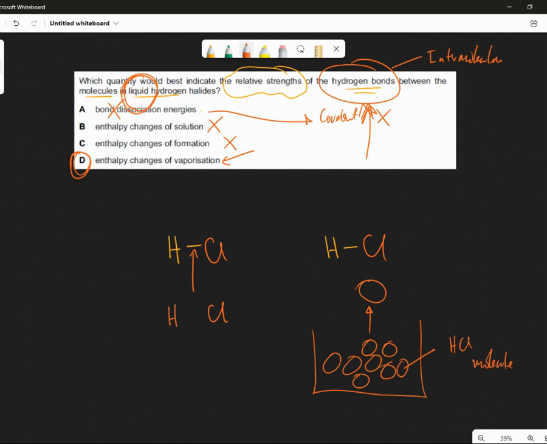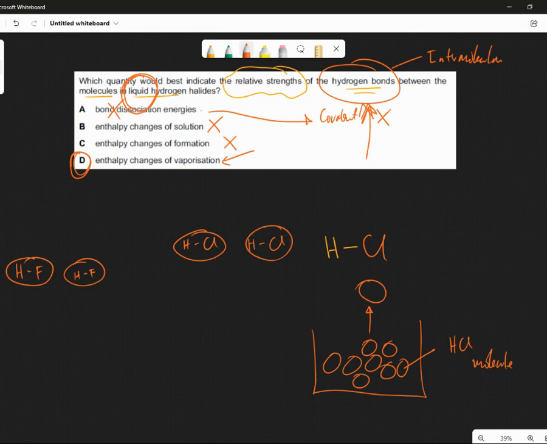All right. It says, how can you test the strength of the hydrogen bonds between the molecules in liquid hydrogen halides? Okay. So you've got an HF molecule and another HF molecule, and you are comparing that with an HCl molecule and another HCl molecule.